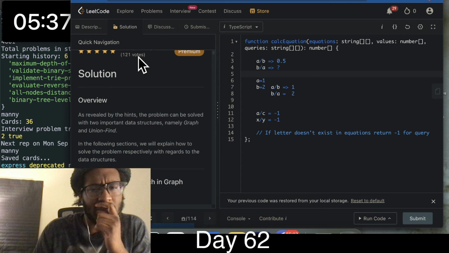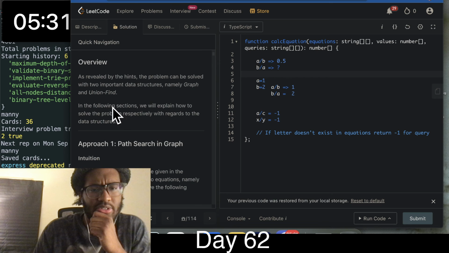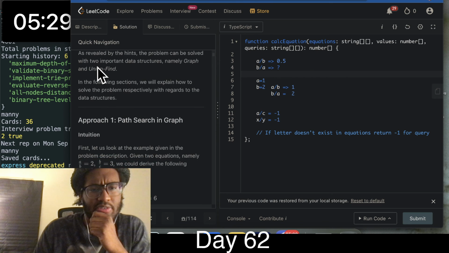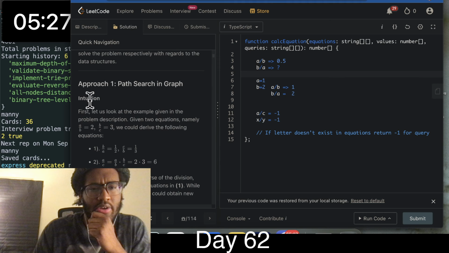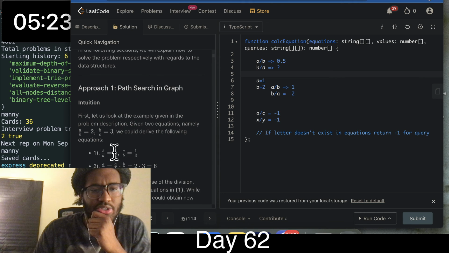As reviewed by Harris, the problem can be solved with 2 important data structures, graph and union find. In the following sections, we explain how to solve the respective data structures. First, let's look at the example given in the problem description. Given 2 equations, namely a over b equals 2, b over c equals 3, we derive the following equations.